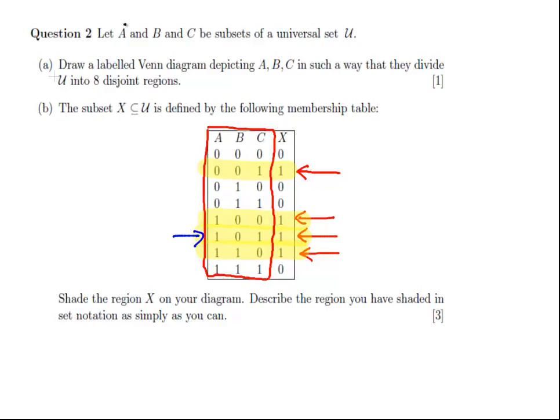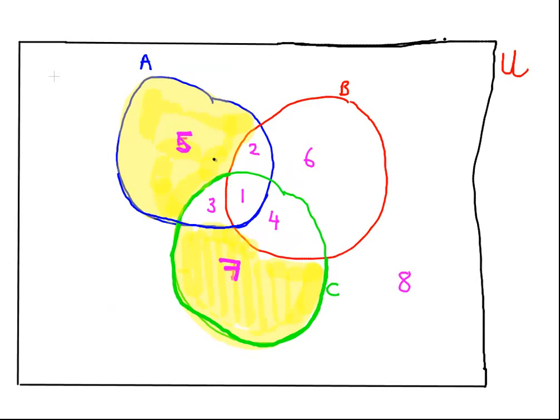It's within A and within C, but not within B. Likewise, this one is within A and B, but not within C. So which regions correspond to being within A and B but not C, and A and C but not B? These are the regions beside the intersection region, region 3 and region 2.